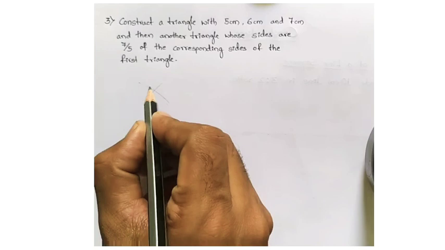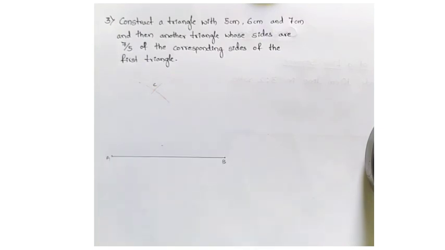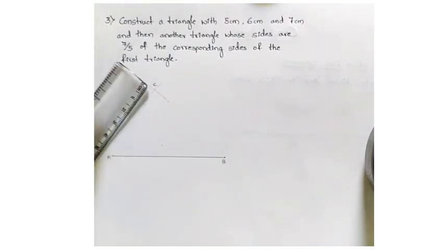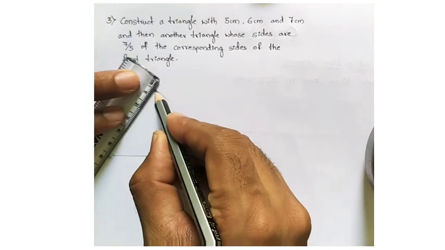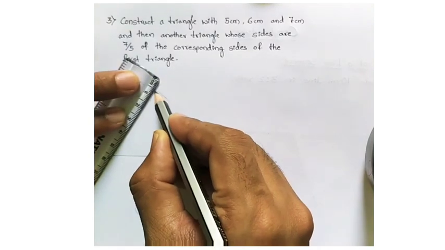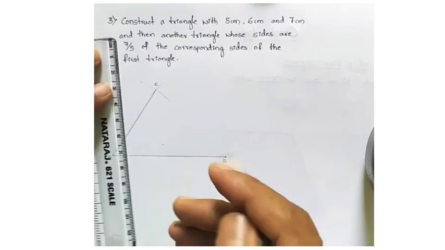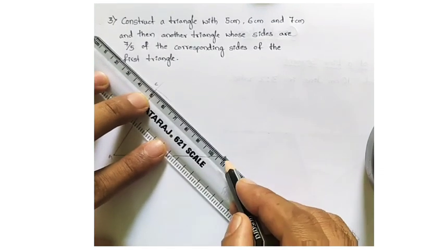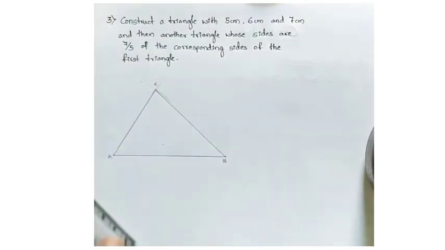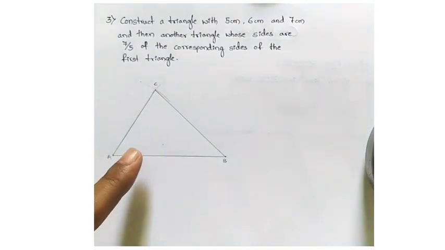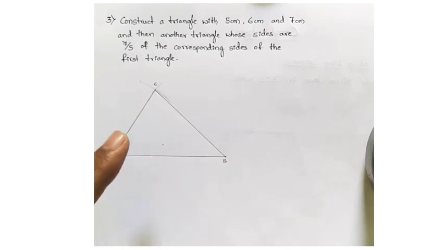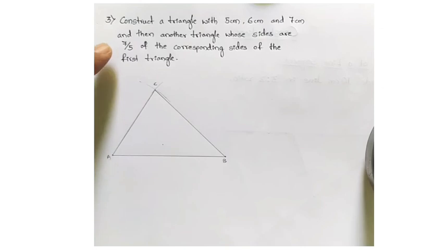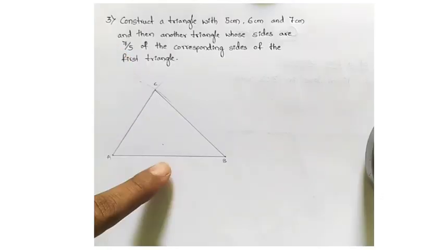So let's name it as C and join them, from C to A and C to B. Okay, now we got the first triangle. Now for this triangle we have to draw the corresponding triangle which has the sides of 7 by 5, means 7 will go outside and 5 will come inside.